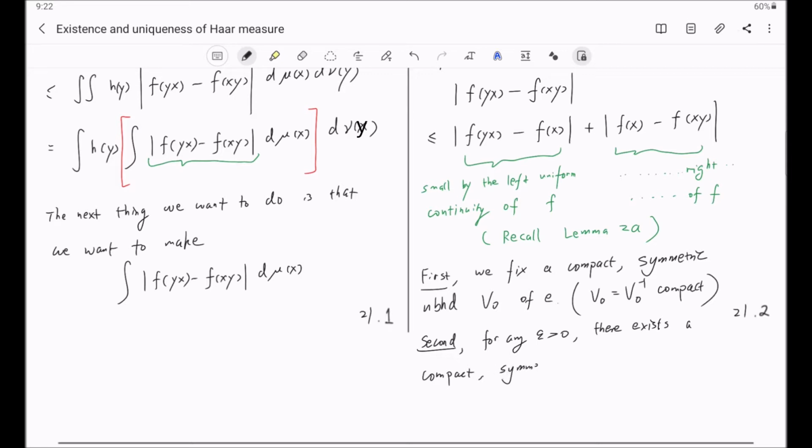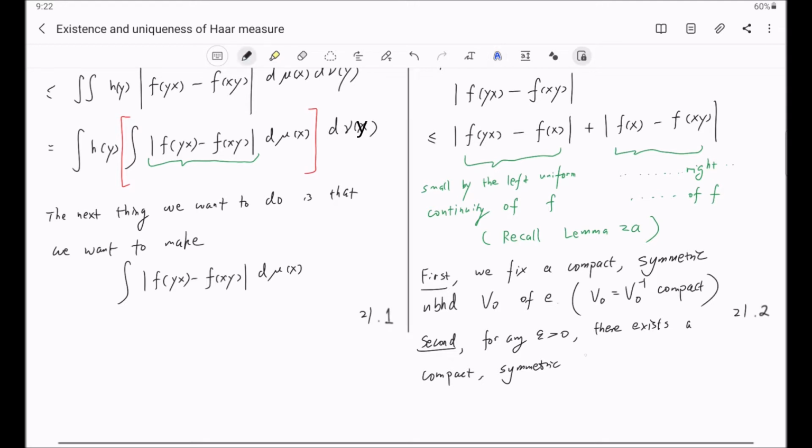So in topological groups, we always want to make the neighborhoods around the identity symmetric for convenience. You never know when you're going to use this property. So it doesn't hurt to make every neighborhood around the identity symmetric.